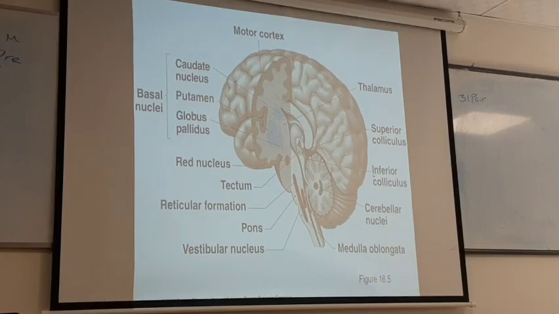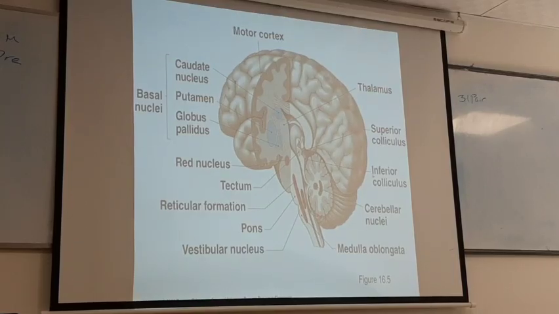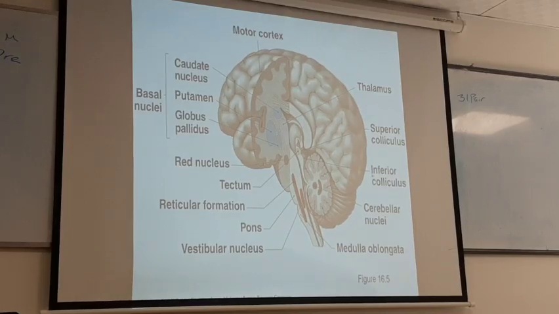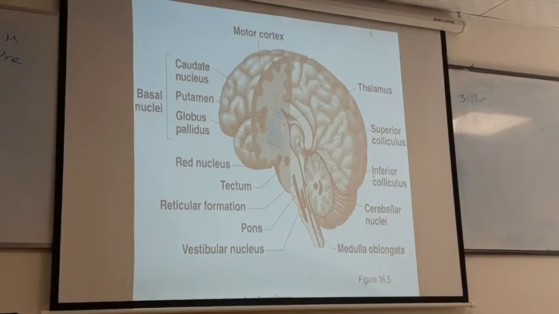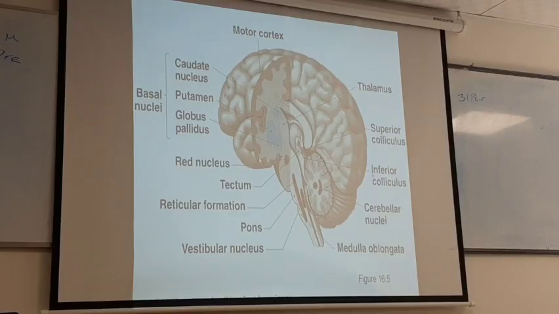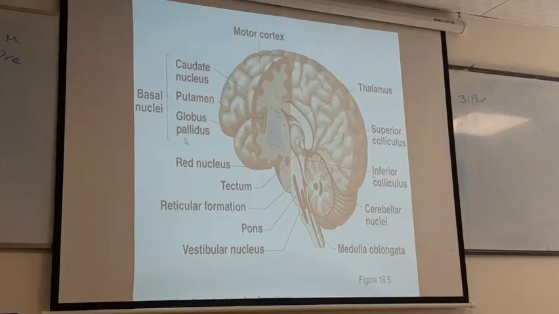For example, in a ballerina, in a dancer, you have this good movement, but the basal ganglia do the modification of movement. The basal ganglia are low in the brain, between the motor cortex and the basal nuclei: caudate, putamen, globus pallidus.